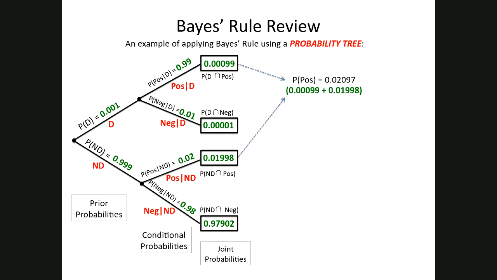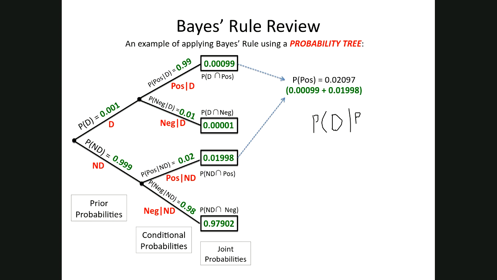So now we're ready to apply Bayes' rule, and we've got all of the information that we need. What do we want to calculate? We want to calculate the probability that the person has the disease given that there's a positive test.